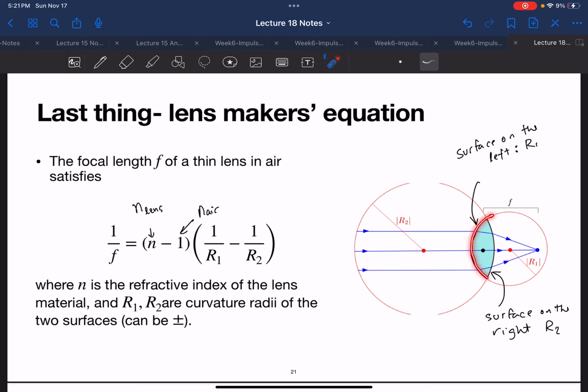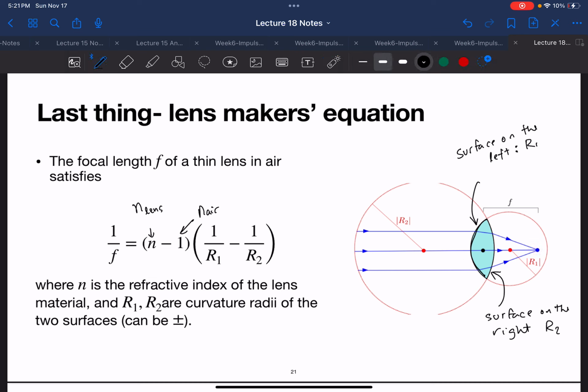Well, a curved surface here forms a circle like this, where its center of curvature is on the other side of the lens. A center of curvature on this side of the lens is a positive radius of curvature. So if I have an object here, light incoming from here, a radius of curvature on this side, or a focal point on this side, are considered positive for lenses.